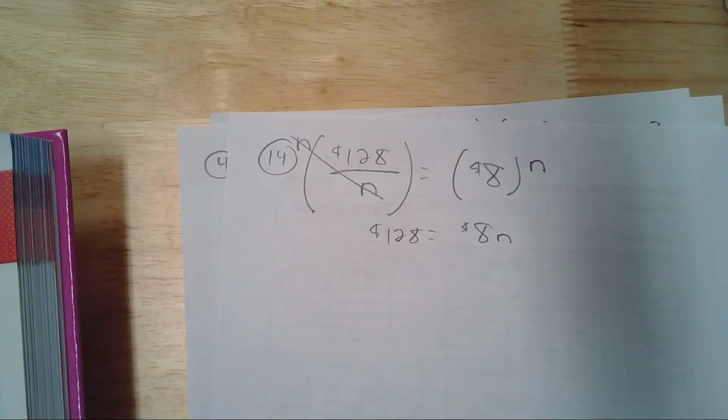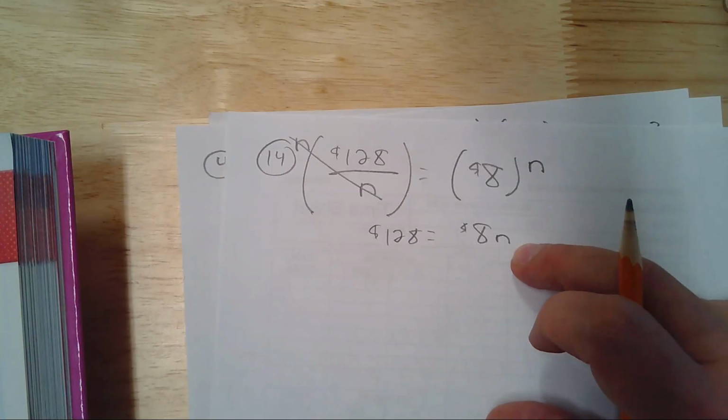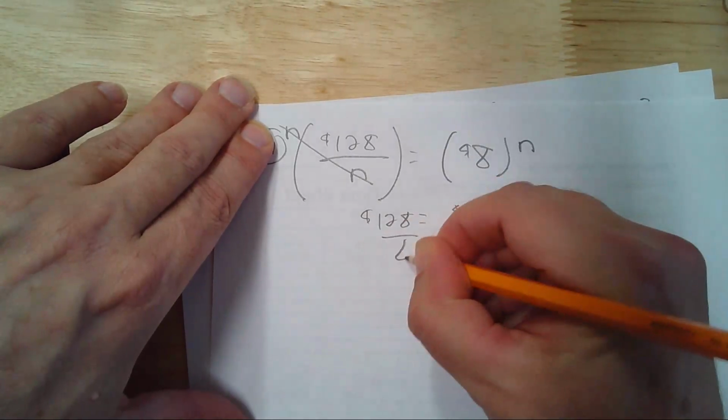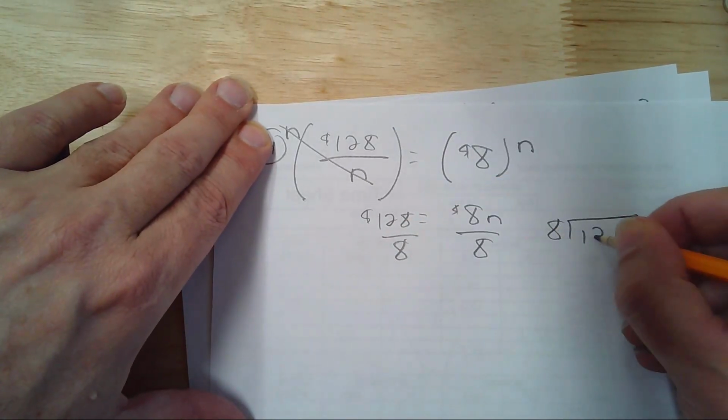Now I can go ahead and bring this home. When the variable's in this bottom position, I have to move it to this side. Now I know what to do. What am I doing to n? Multiplying it by 8. How do I undo that? Divide both sides by 8.